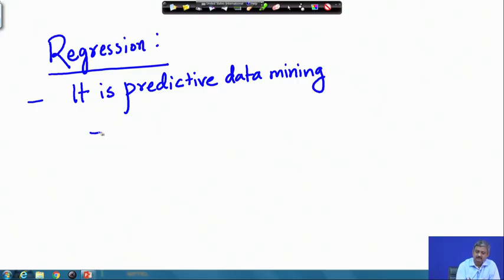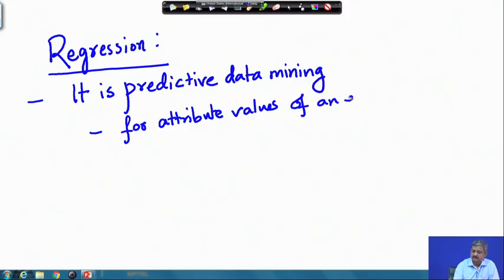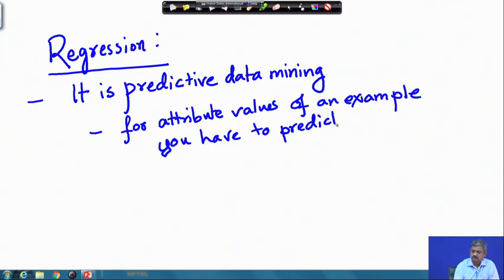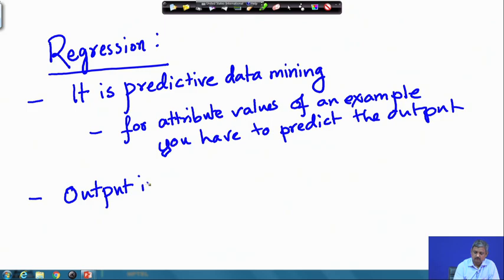That means you predict the output, but the output is not a class.